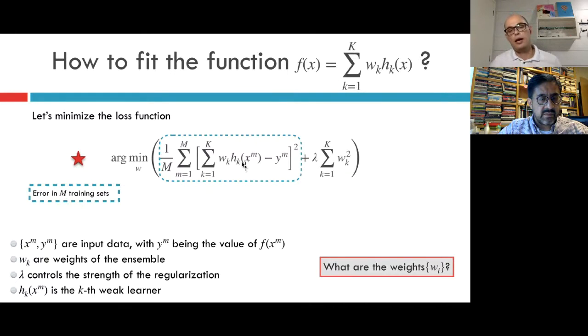Suppose that X and T in our partial differential equation are position and time. XM is position and time in this case, and YM here is the value of the solution of the partial equation for this point XM.